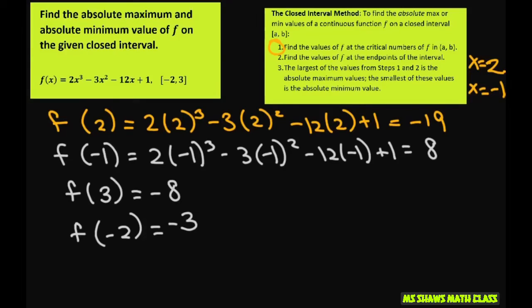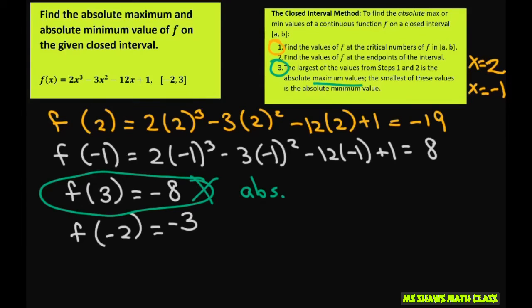So looking at our numbers, we're going to go to step 3. The largest of the values is the absolute maximum. So the largest value is 8. Oh, sorry, not this one.